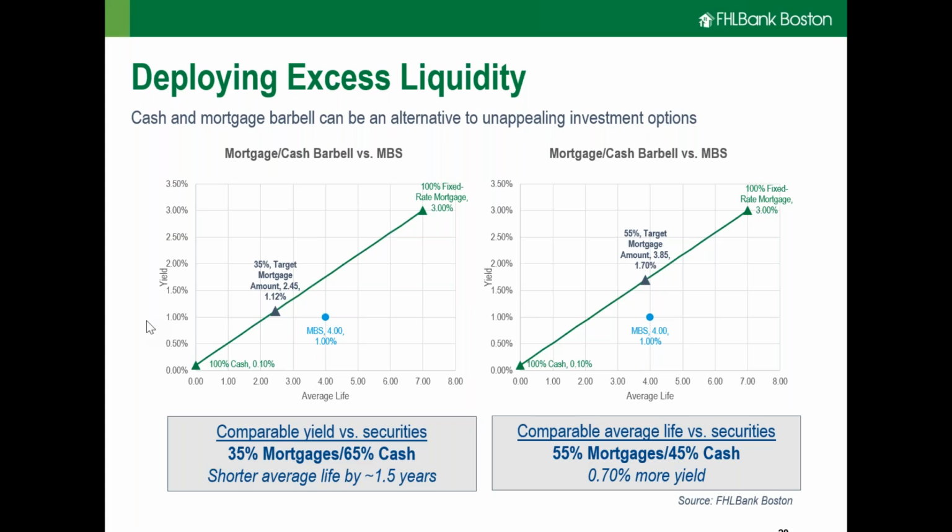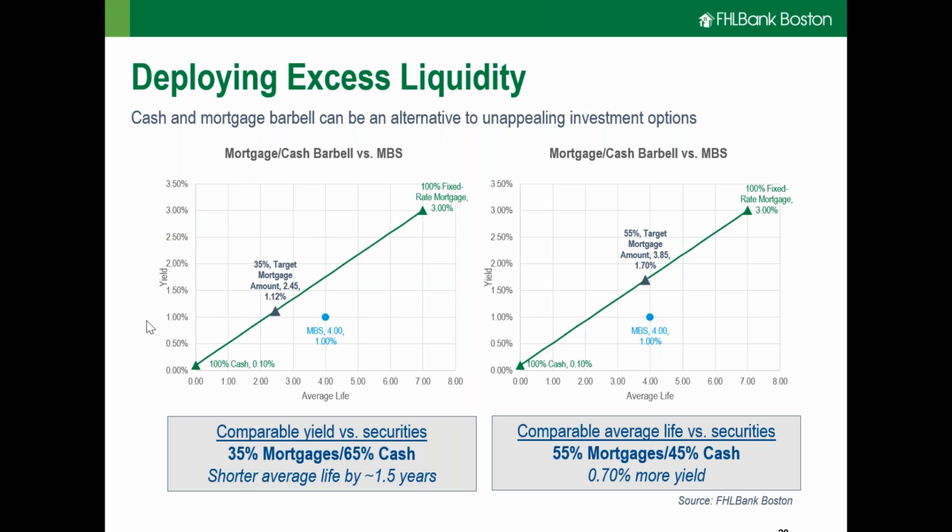So if you want the same 1% yield, you would invest 35% in retaining fixed rate mortgages and 65% in cash. That gets you a yield just over 1% with an average life 1.5 years shorter than MBS, along with no premium risk either, so your yield can't go negative.